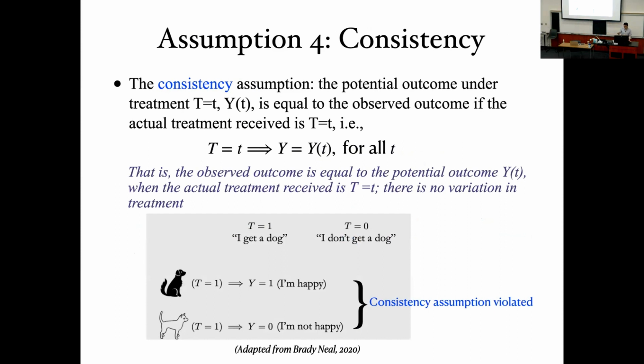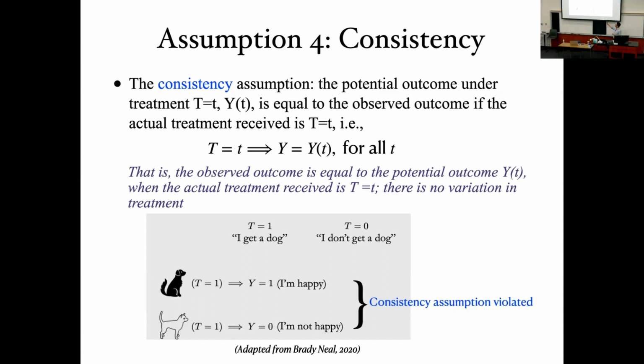Essentially, it reads this way: the potential outcome under treatment t, which is y of t, is equal to the actually observed outcome if the treatment is really t, small t. So if the treatment variable takes this value, 0 or 1, then the observed variable should be the potential outcome. Okay, generally speaking, that's true.